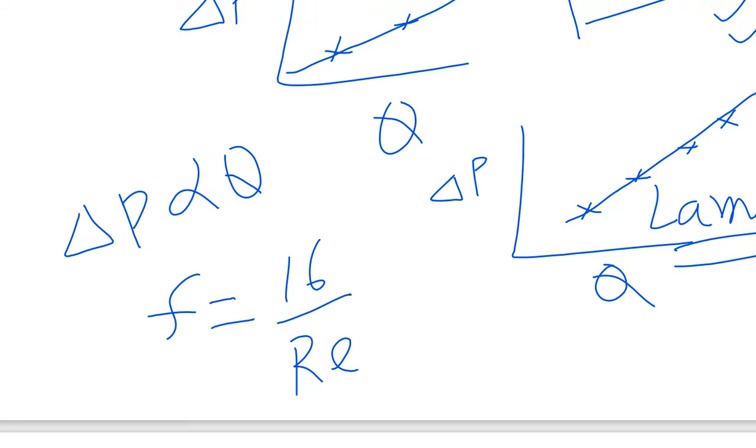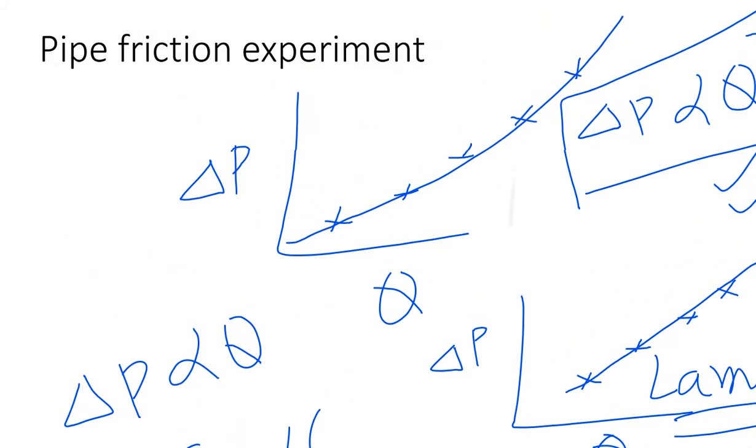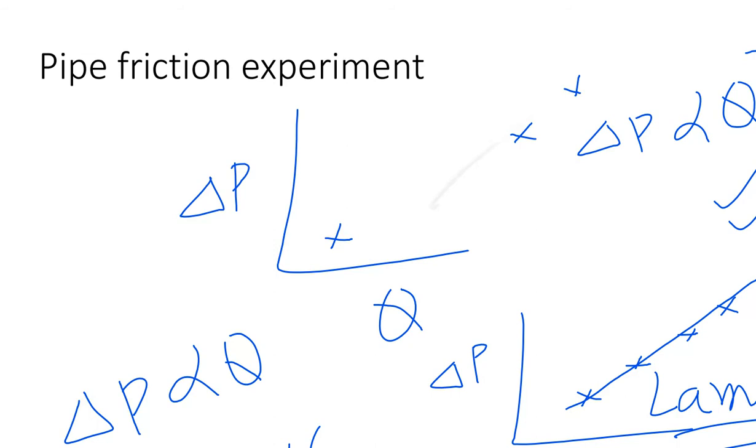And then the definition of friction factor is f equals delta P over 2 rho V square, D over L. What you do, you combine these two values: f equals 16 over Re equals delta P divided by 2 rho V square, D over L. And then see what exact relation you are getting.